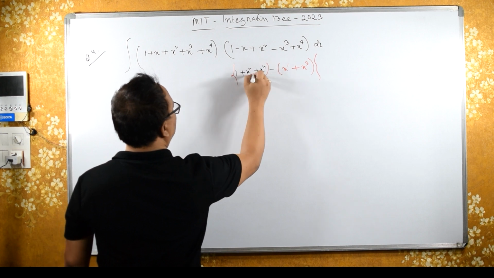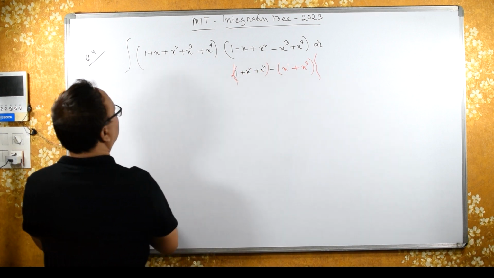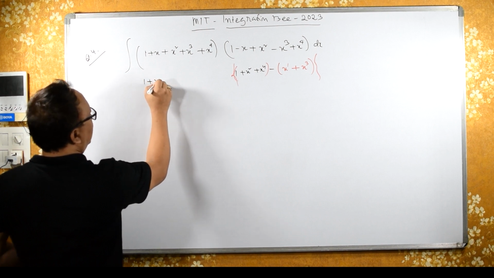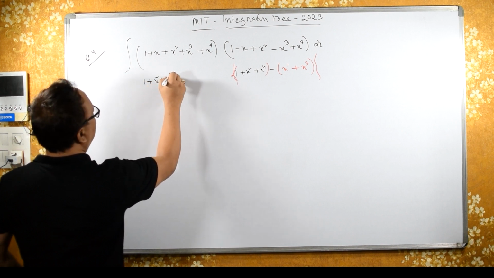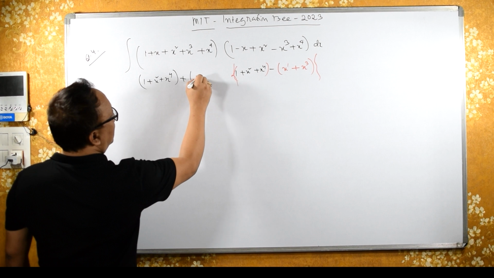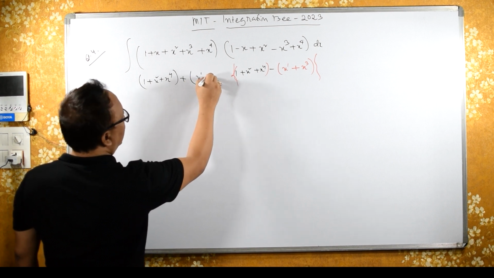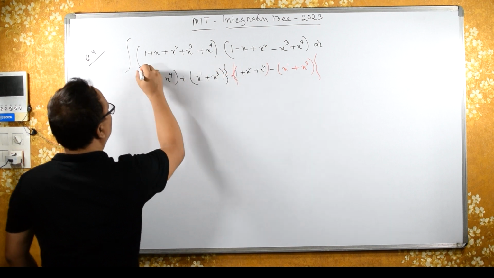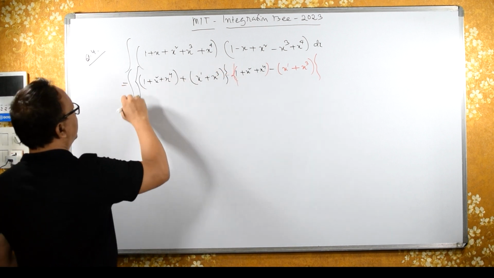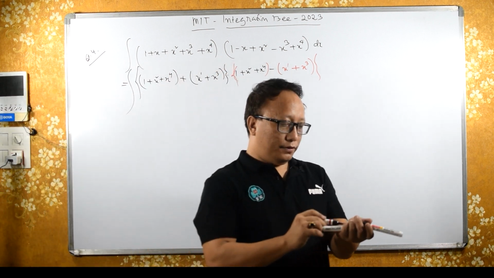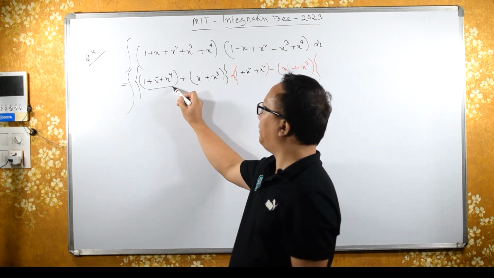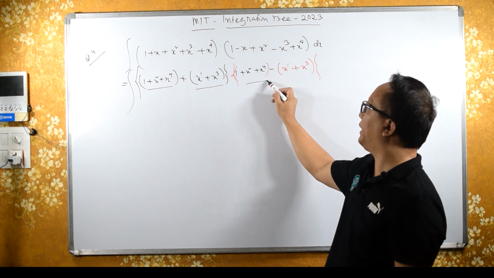Similarly, let's do it this way. Here also let's combine this term: 1 plus x square plus x4 plus x raised to 1 plus x cube. This into, okay, is equal to the integral. Now it is of the form a plus b into a minus b.